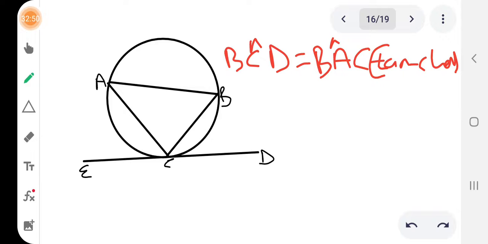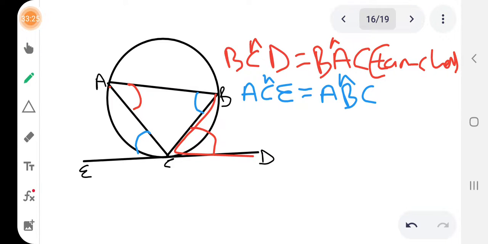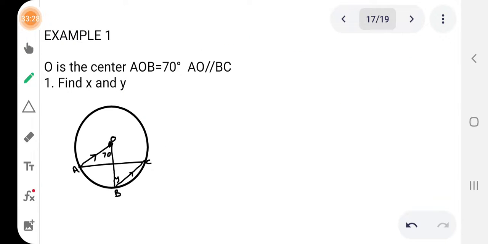We are saying BCD, I'm talking about this one. This angle is equal to BAC. And also this one will be equal to this one, in this case where we are going to have angle ACE equal to angle ABC. So it's also tan chord.